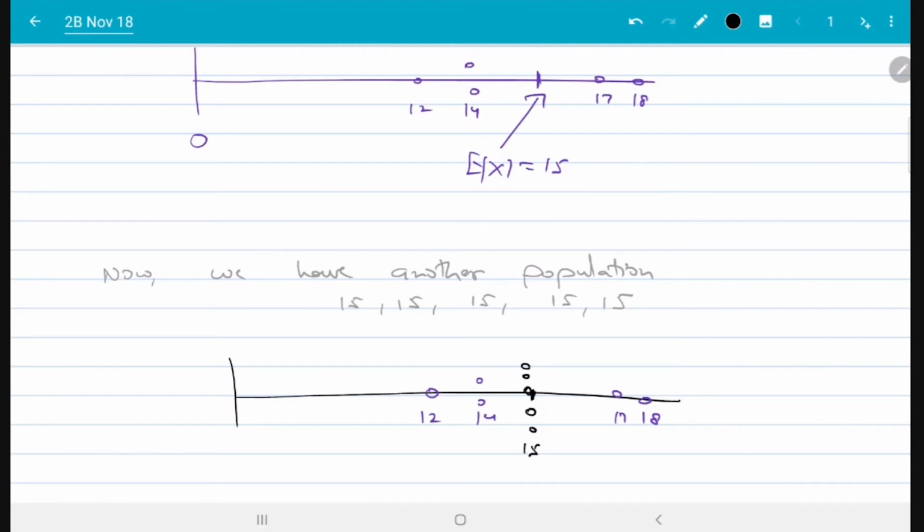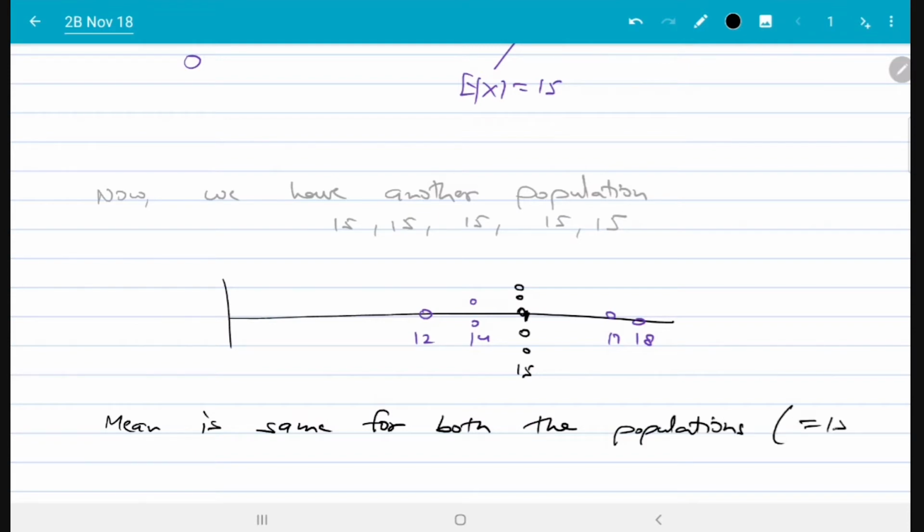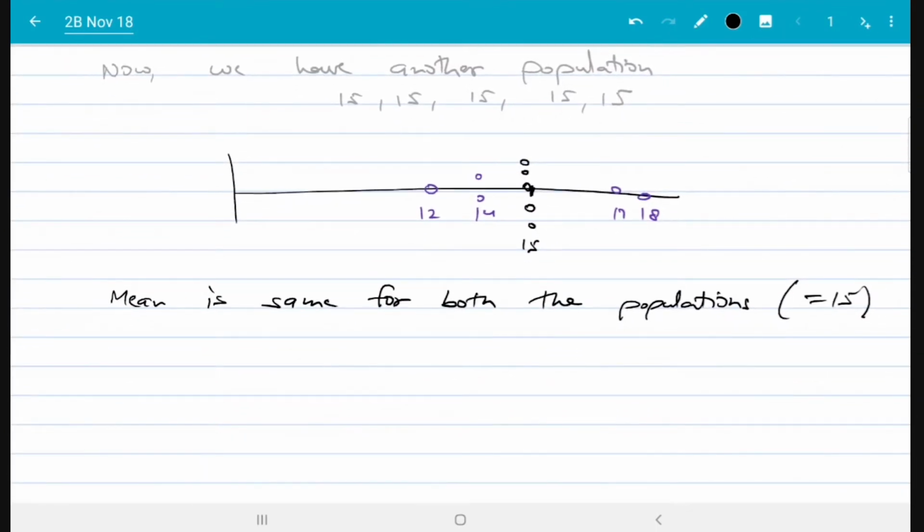The summary measure that we have is the same for both. It's 15. So the first summary measure tells us something, but that something is not enough for us to be able to differentiate various populations.